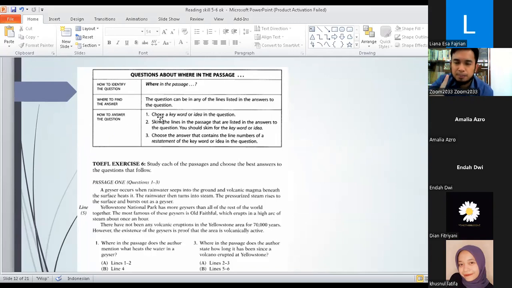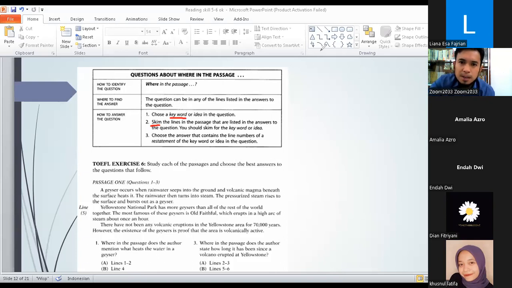Find out the keyword or idea in the questions, and then skim the lines in the passage. And then you have to choose the best answer, of course. But the most important thing is to choose the keyword. Just make sure that your eyes keep on the keyword of the questions.